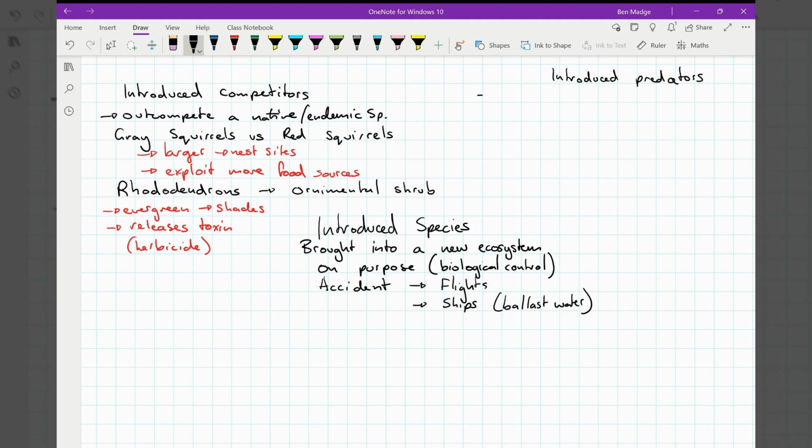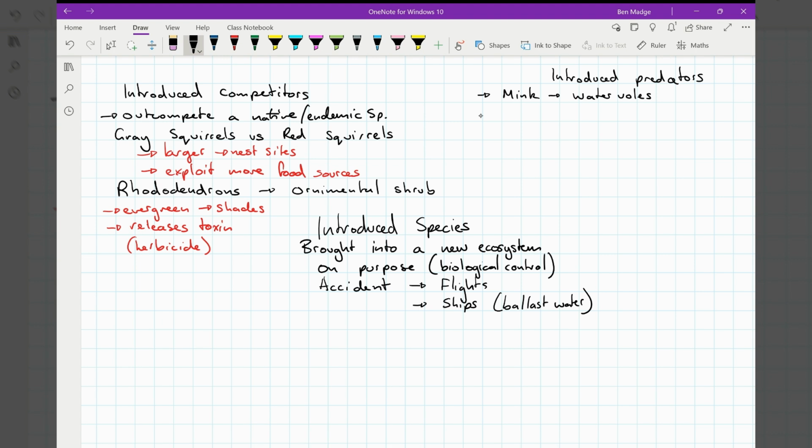So things like mink, which would predate UK water voles. So mink were released from fur farms and escaped and bred in the wild, and they are small enough and agile enough to actually predate water voles, which not many other things naturally can.